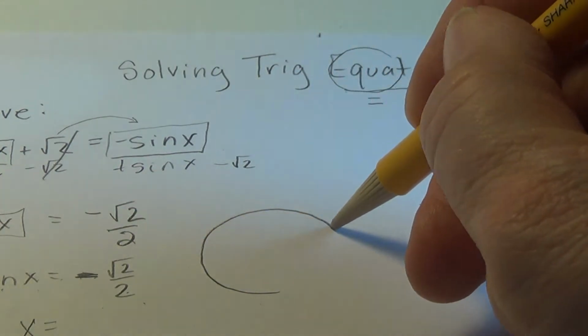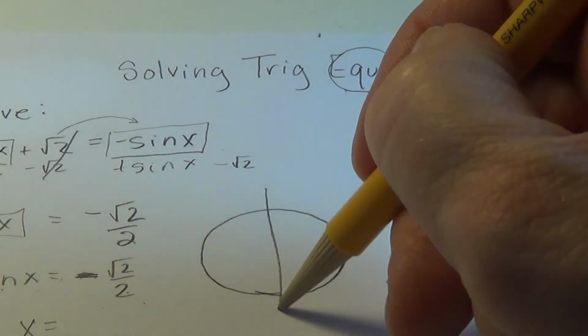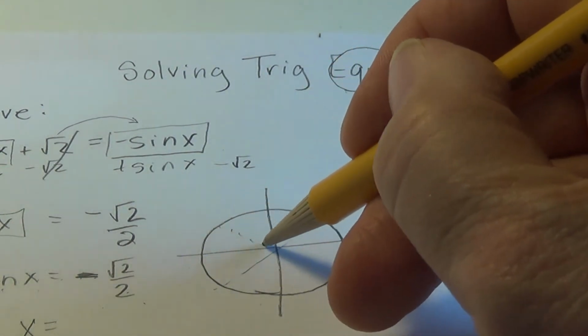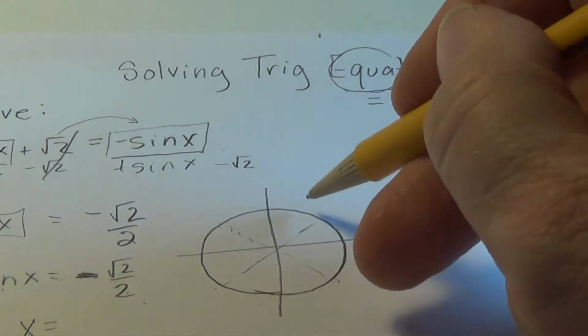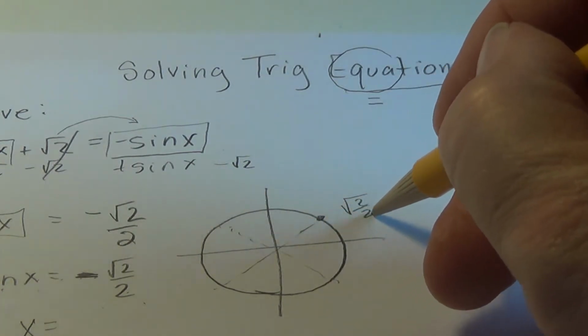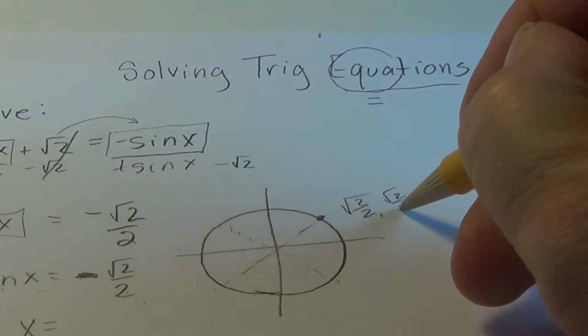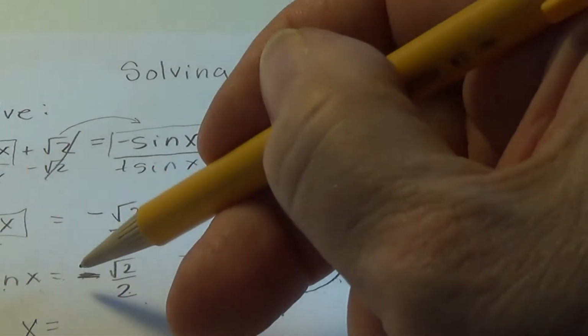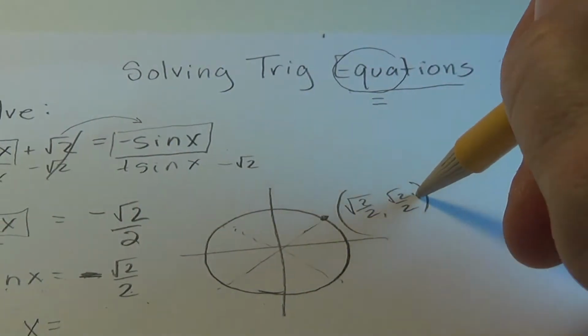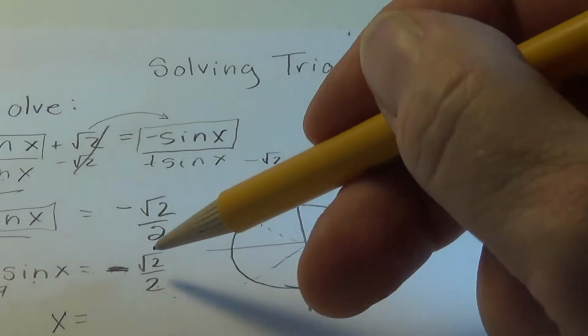So we're going to pull out our unit circle, and I know square root of 2 over 2 has something to do with the quarters. Like this spot was square root of 2 over 2 over and square root of 2 over 2 up. But remember sine was the second coordinate, and obviously this one's positive, so it's not going to be the answer.